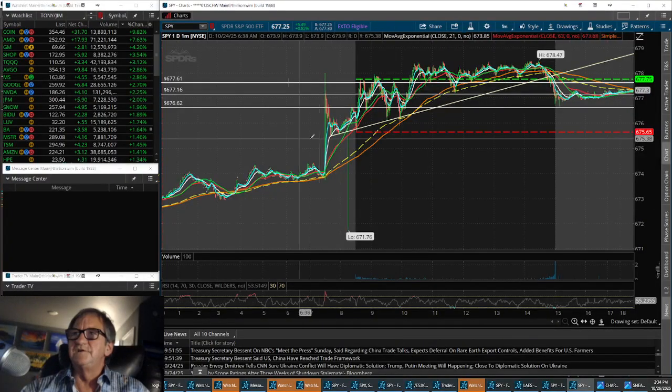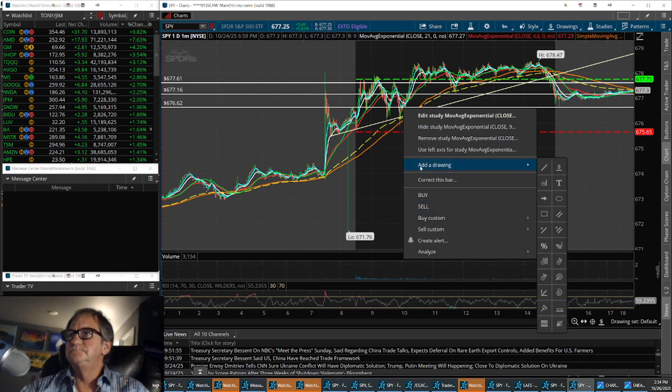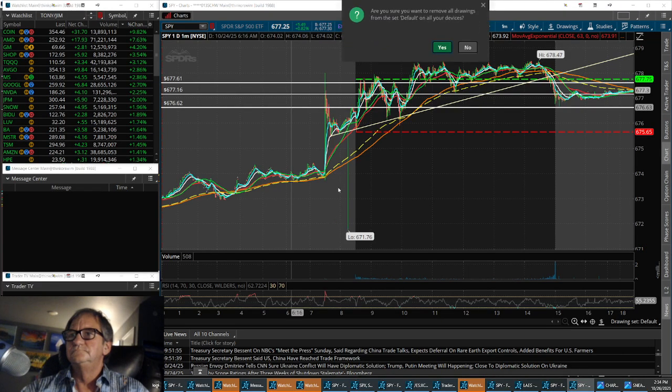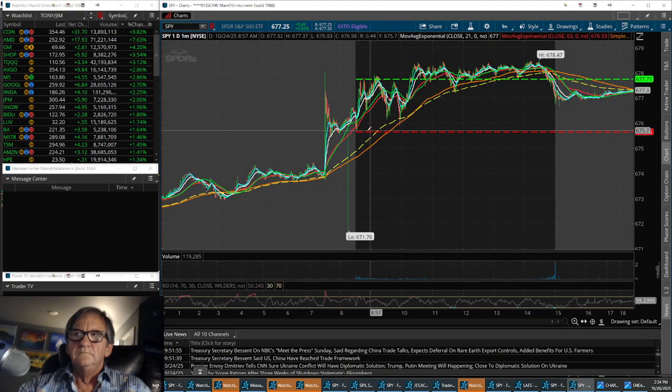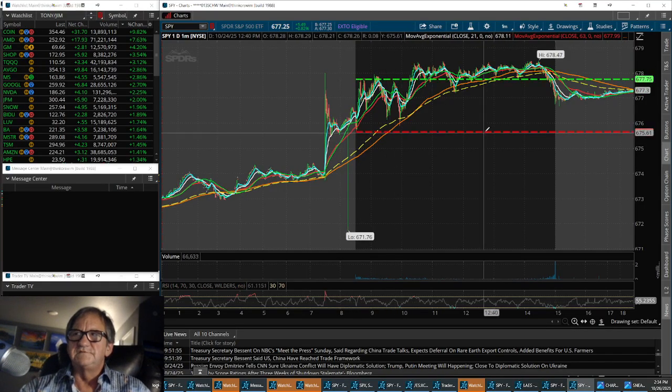So I got this set up on the 1 minute. This is the SPY. So we create what you call an ORB. That's another support level that I'll use throughout the day, and resistance level.